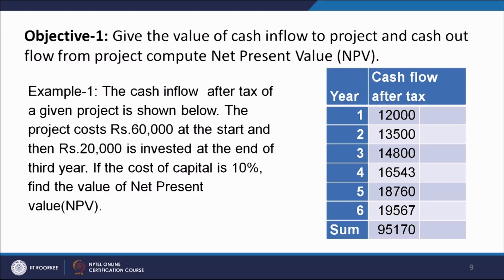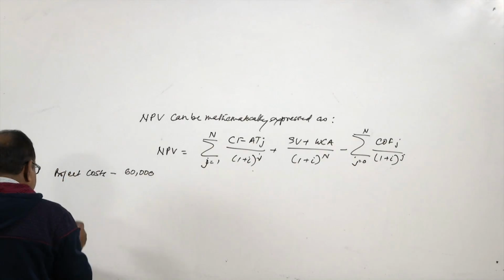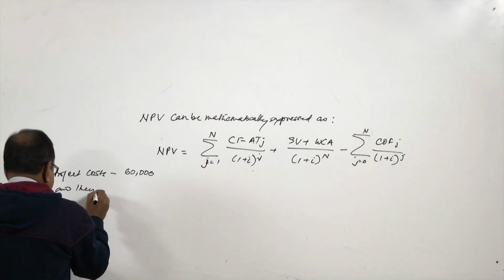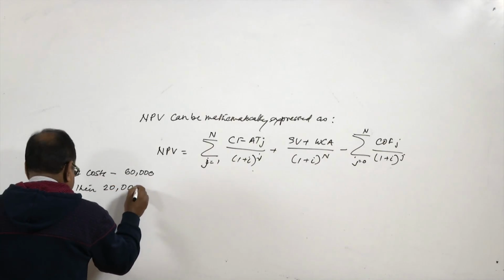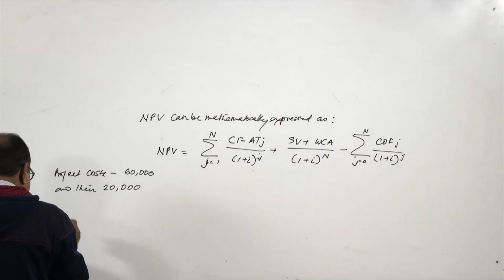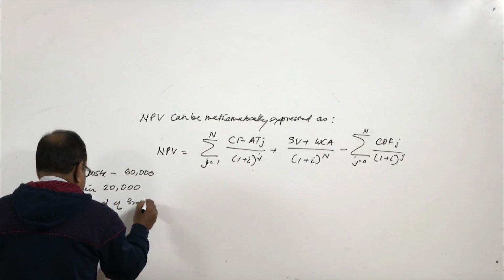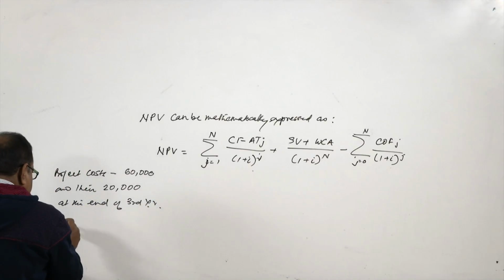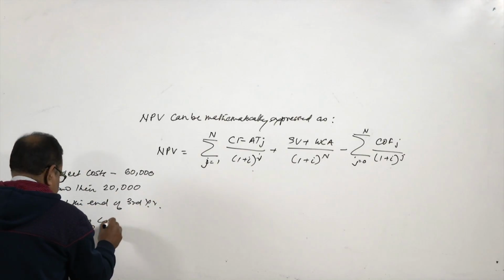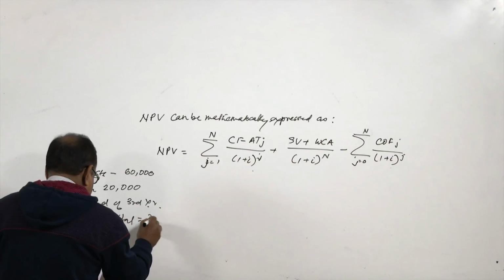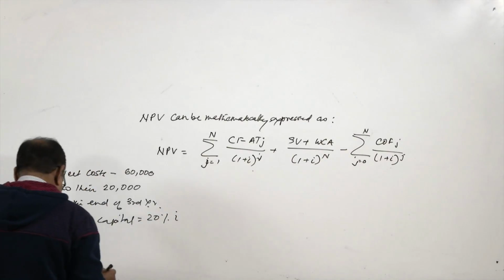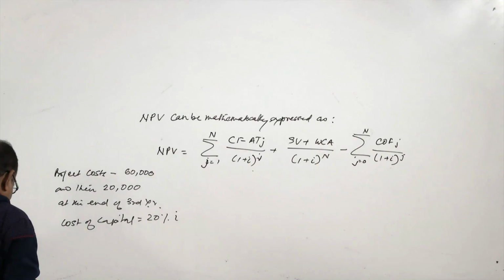The project costs 60,000 at the start and then 20,000 at the end of the third year. Cost of capital is equal to 20%, this is basically i. Find the value of net present value.